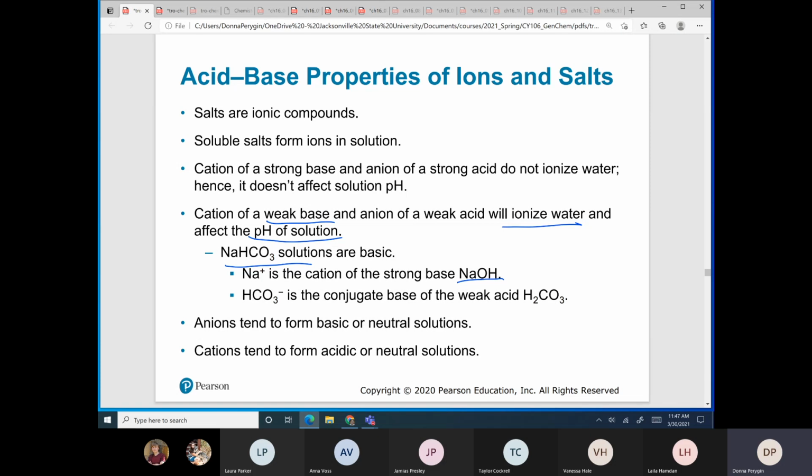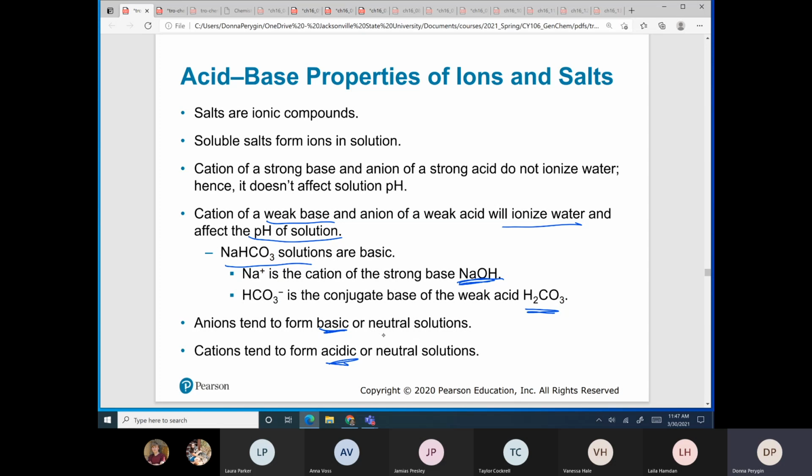Because the sodium part is neutral, the conjugate base of the weak acid is going to form a basic solution. Cations tend to form acidic solutions if they're the conjugate acid of a base, okay?